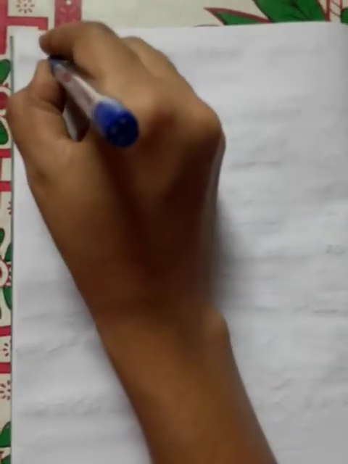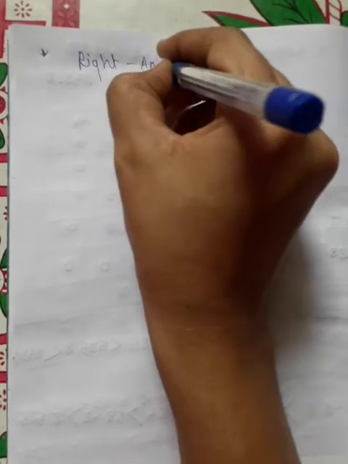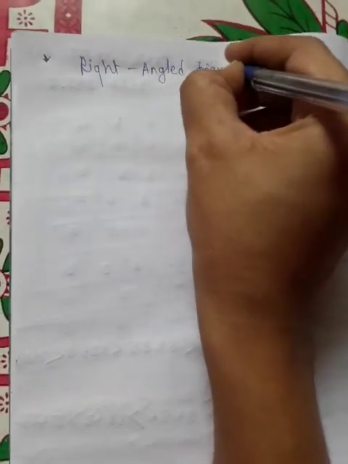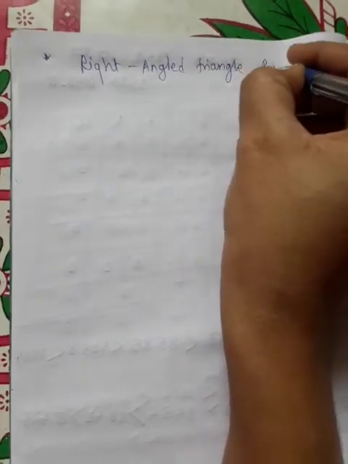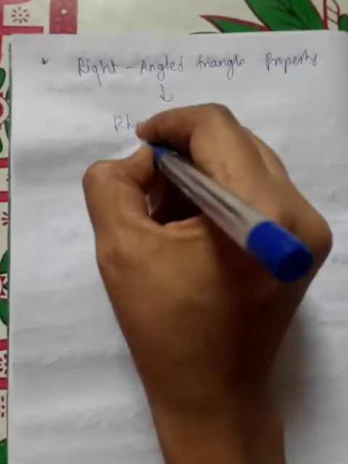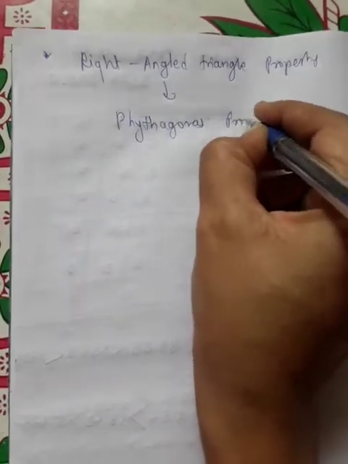Now the next point is the right angle triangle property, or it has another name, that is Pythagoras property.